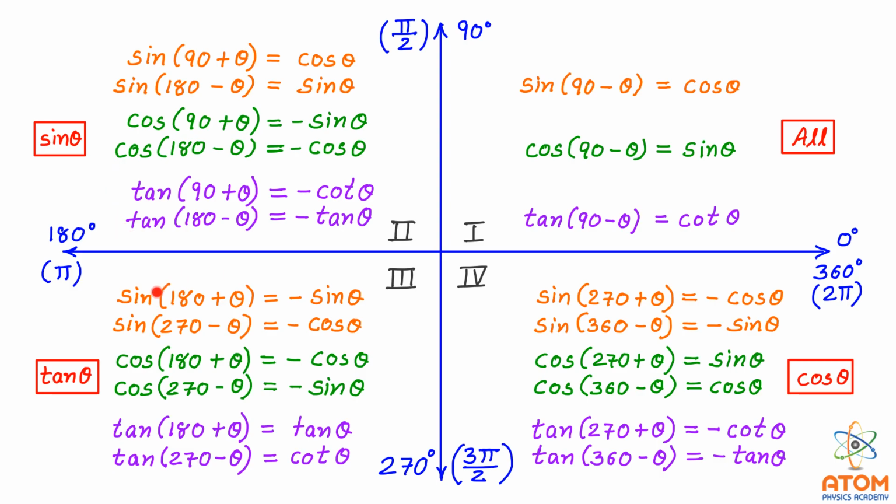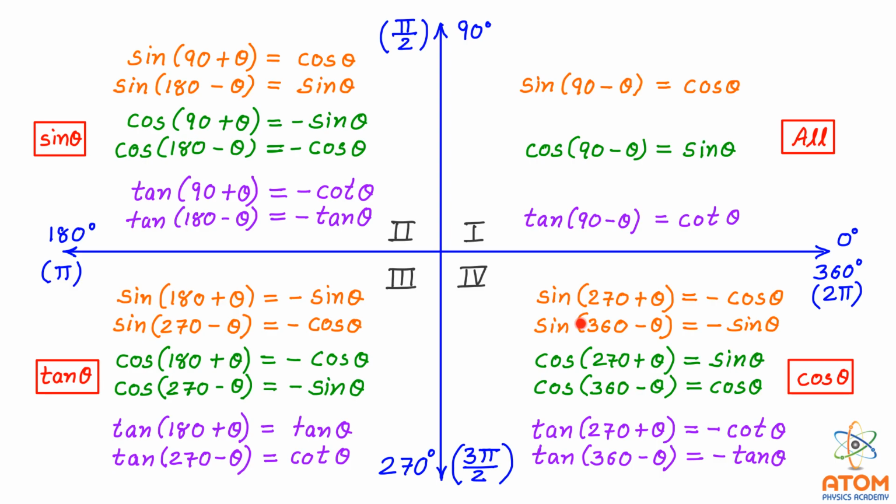Then here is 180 plus theta and 270 minus theta. Now 180 plus some angle or 270 minus some angle both belong to the third quadrant. So you can see all of these functions are right now in the third quadrant. Then here is 270 plus theta or 360 minus theta. So 270 plus something or 360 minus something both are in the fourth quadrant.